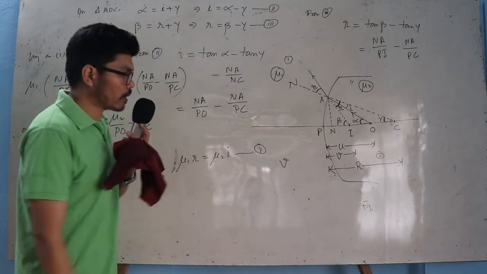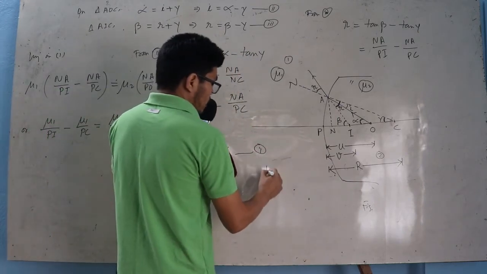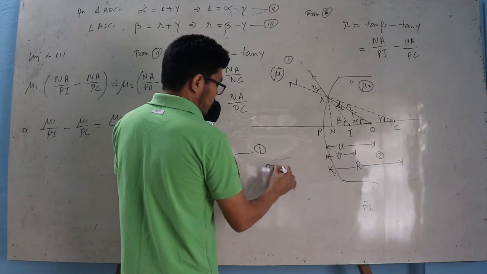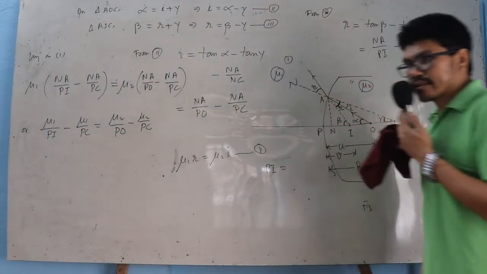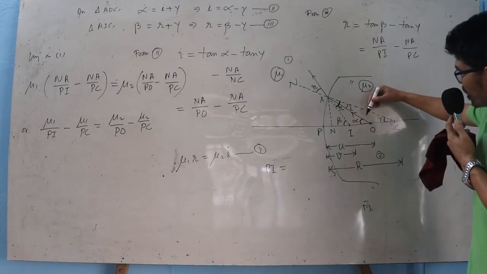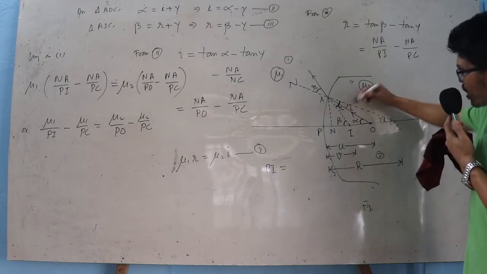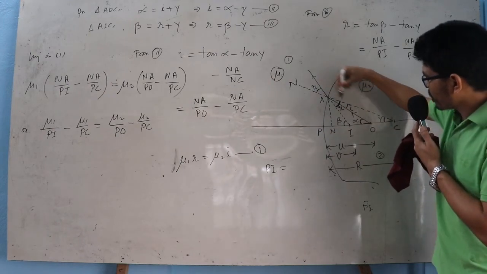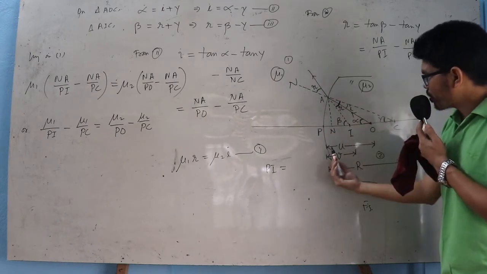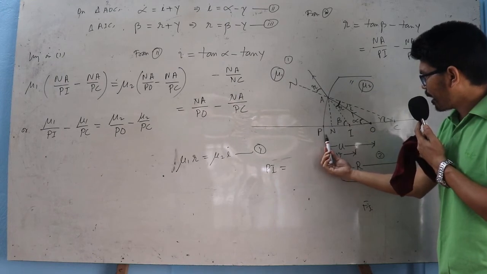But when you apply the sign convention, if the measurement is done against the incident ray, that is taken as negative. Now let us see. In our figure, the ray travels from right to left here. As you can see, it travels in this direction, right to left. And you are going to measure as PI here.